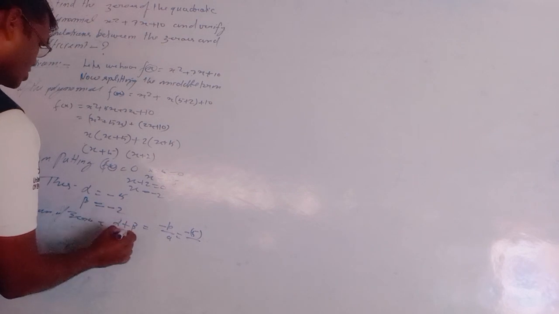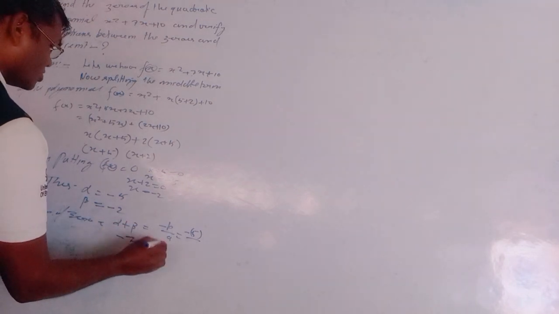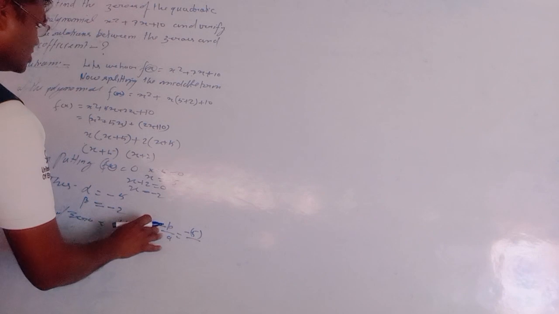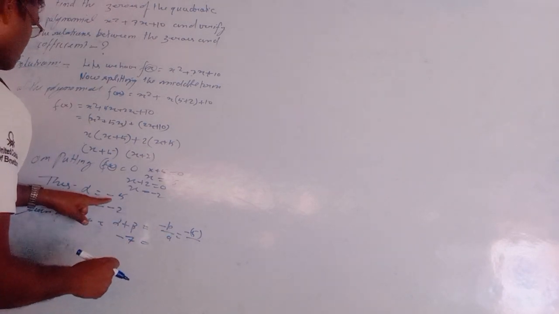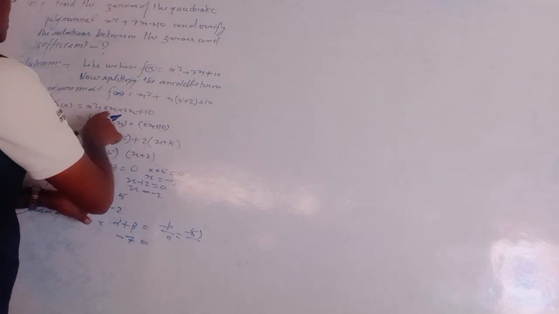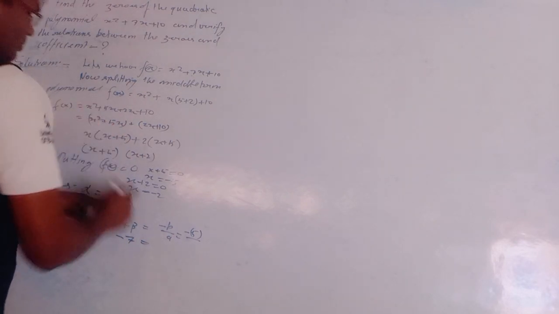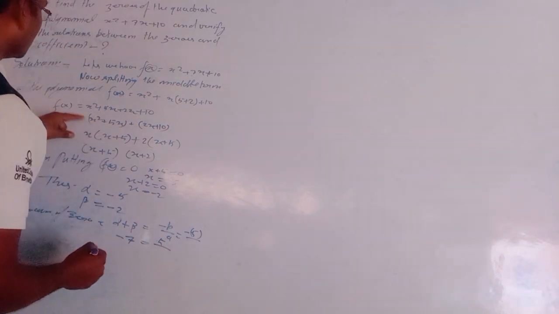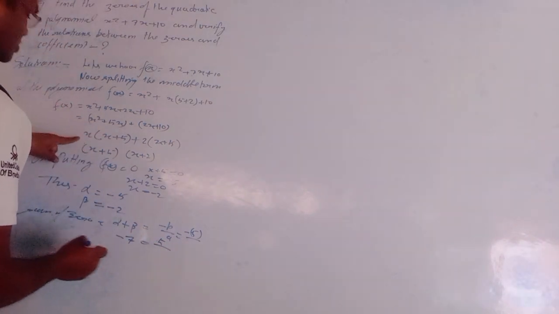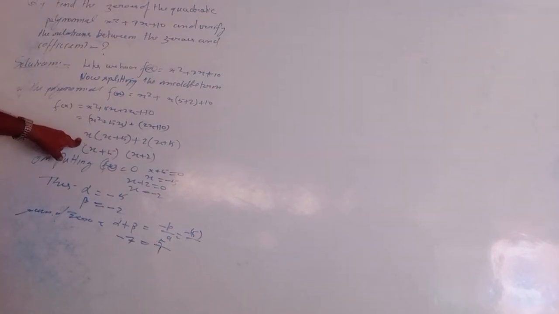Alpha plus beta is also minus 7. The value of b is 7 here, and we always take minus b. In the equation ax square plus bx plus c, the value of a is 1, so minus b by a is minus 7 by 1.